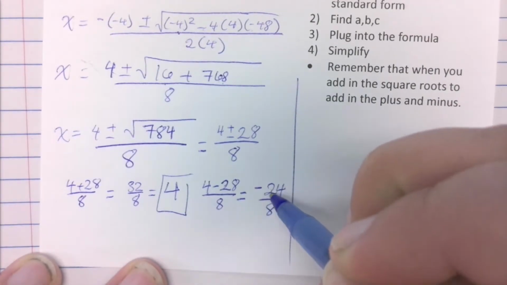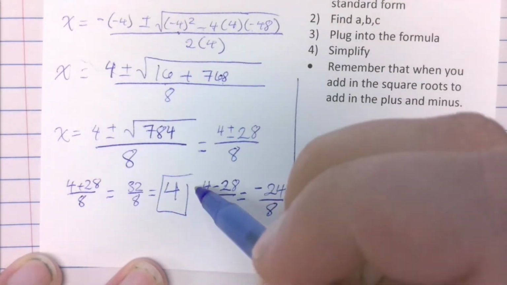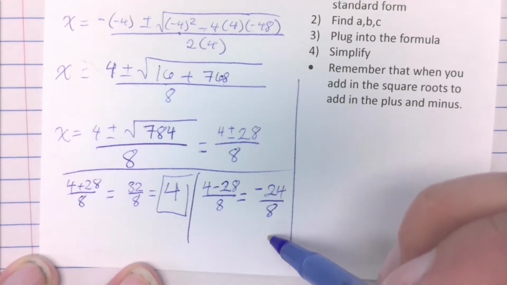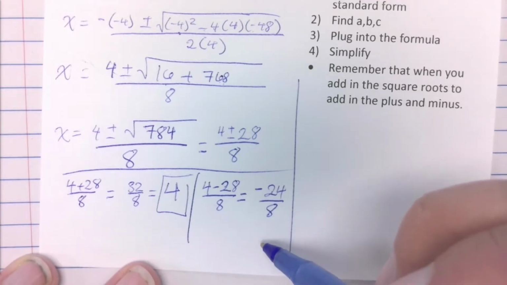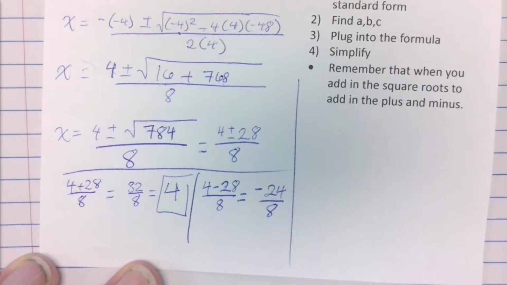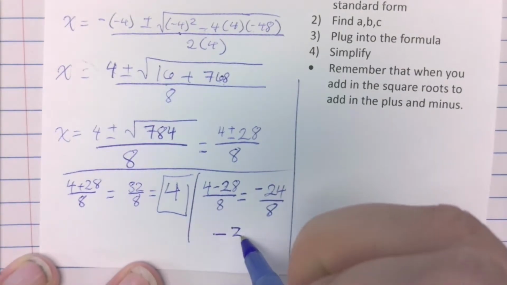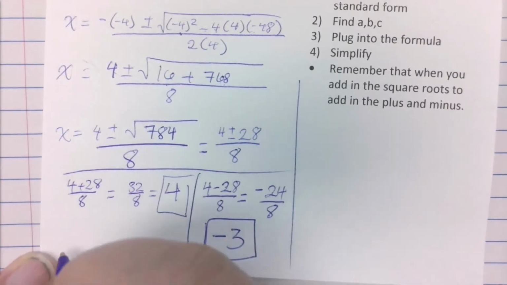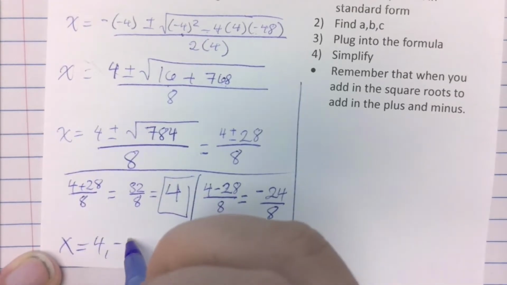What's negative 24 divided by 8? Negative 3. Okay, you guys see how you have your two answers? X equals 4 and negative 3.